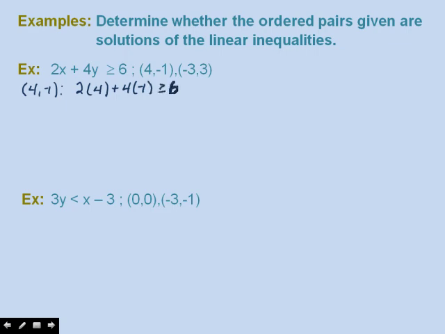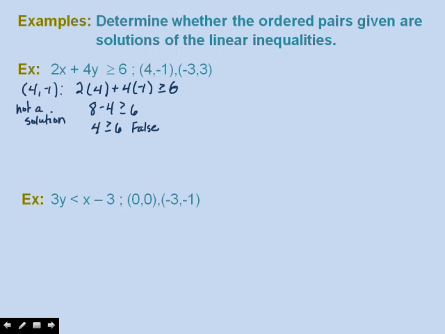So this gives us 8 minus 4, which is 4. The question is, is 4 greater than or equal to 6? It isn't, so this is false. And that means that this ordered pair is not a solution.